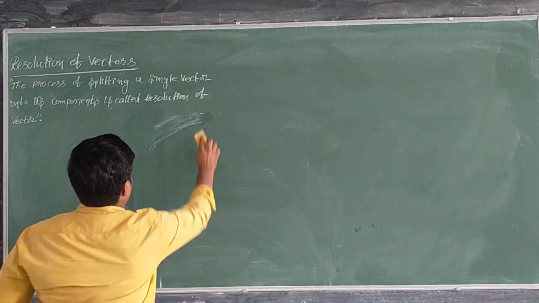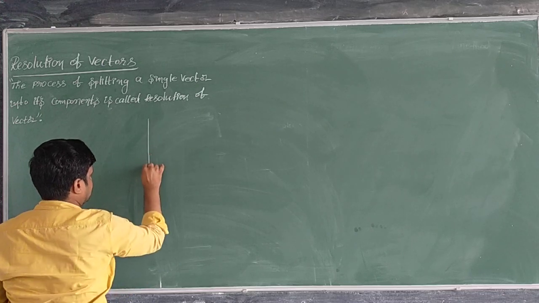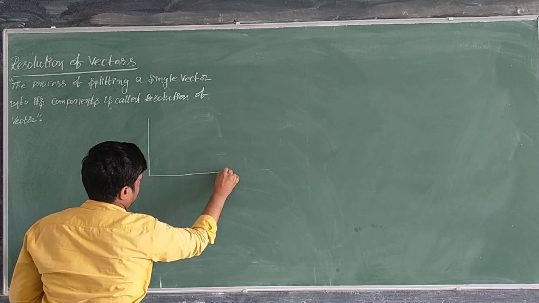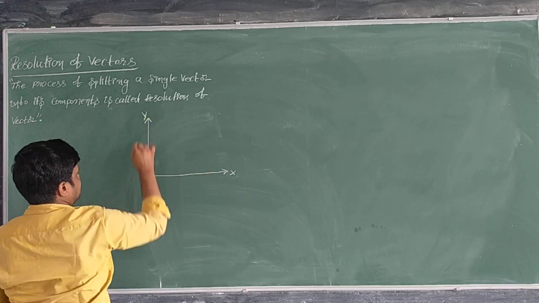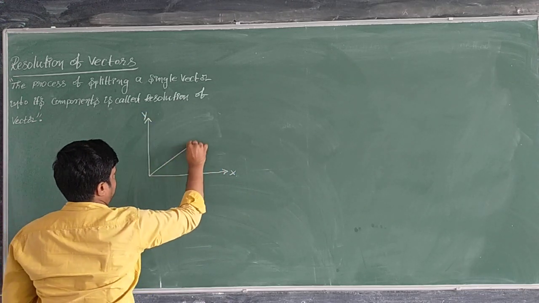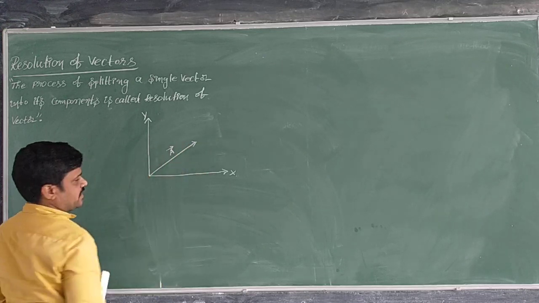Here I am going to take this as the x-axis and this as the y-axis. Now this is vector a bar.